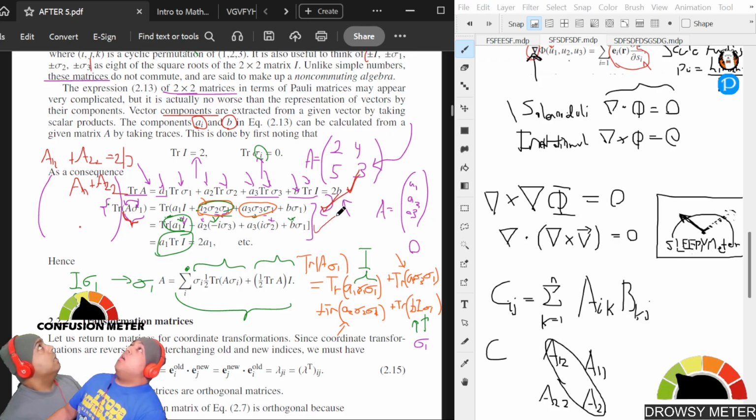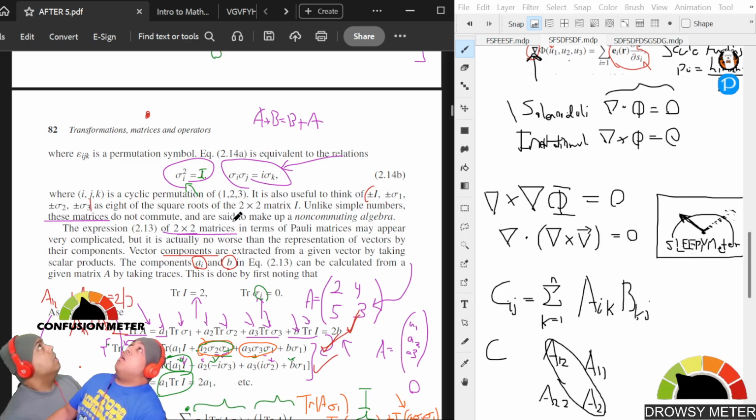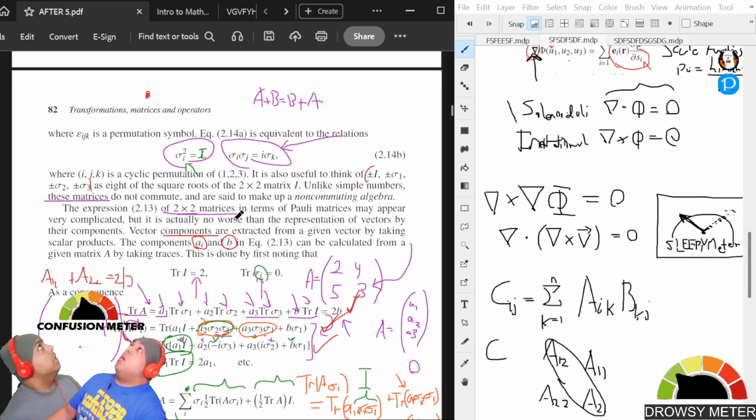So good. A1 trace I equal to A1 trace I. Okay, minus I row 3. Oh my god. A1 trace I. Yeah. How did these guys tend to 0?